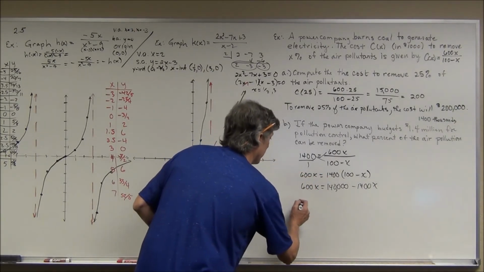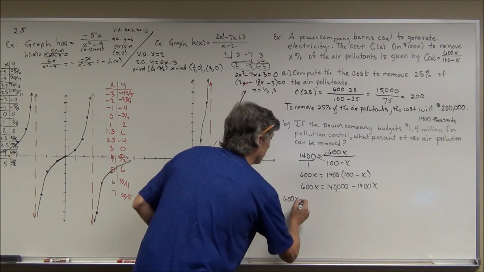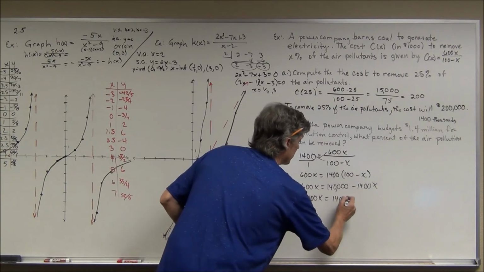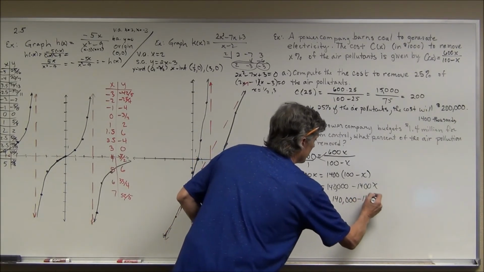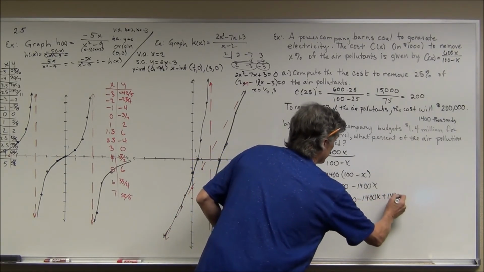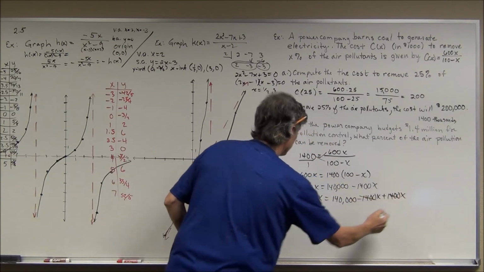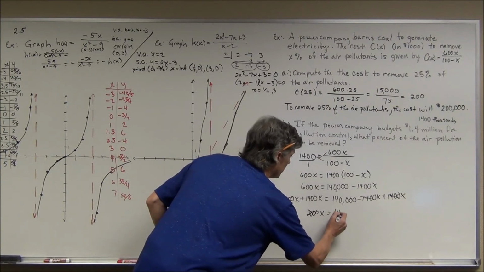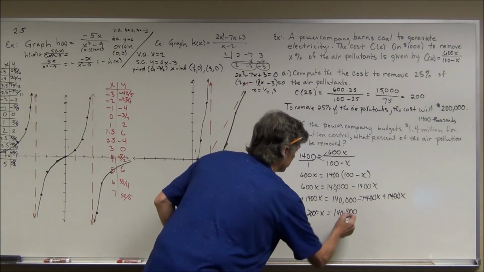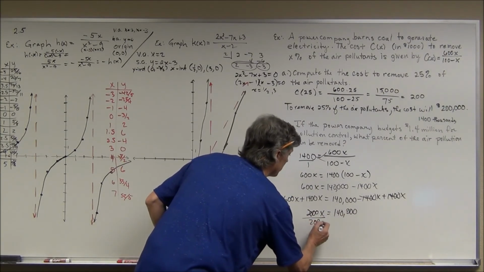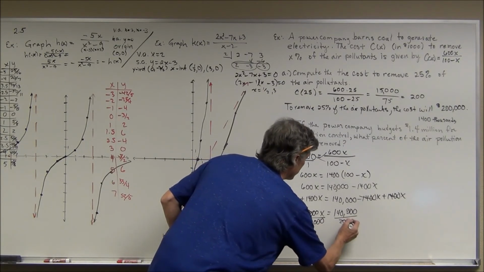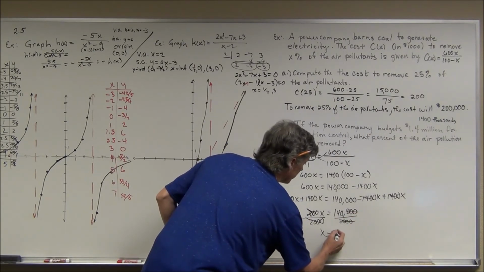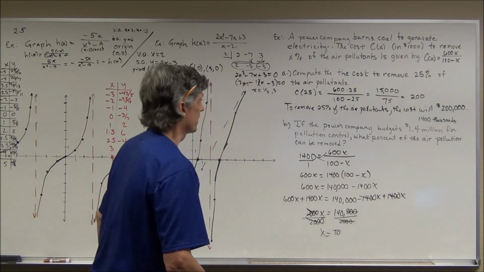And these cancel out. I get 2,000X is equal to 140,000. Divide both sides by 2,000, and I get 70.